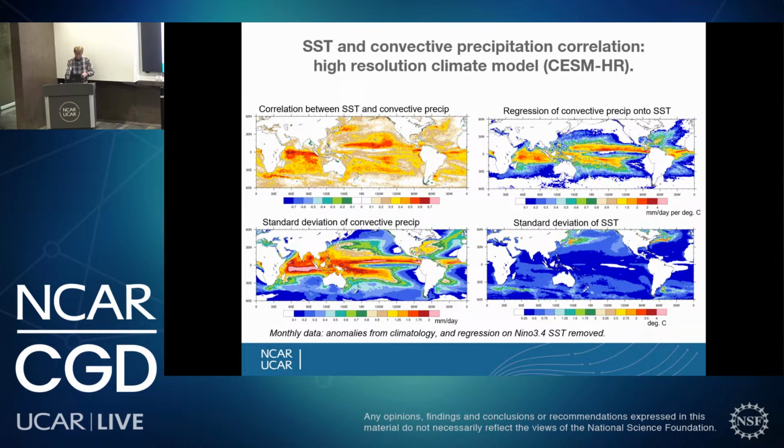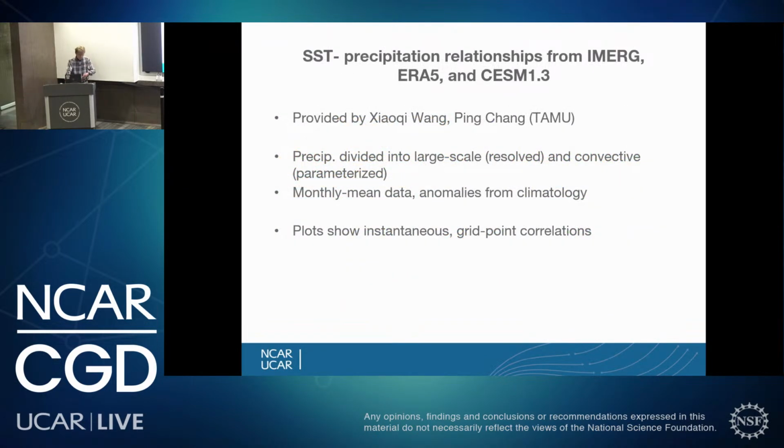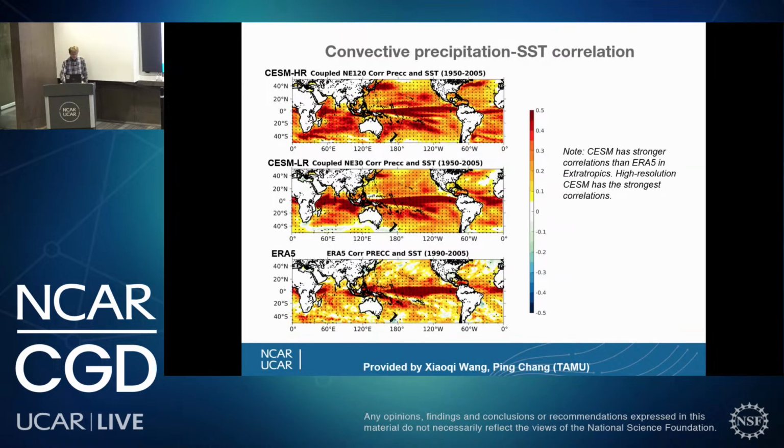So this is all from the model. The next few slides will be comparing with ERA5 and IMERG, a similar high-resolution model, so I'll go through those. This is starting with convective precipitation and SST, again like the previous slide.